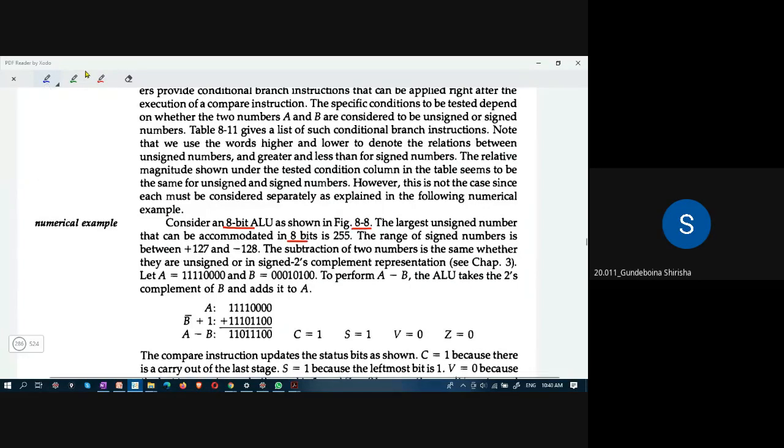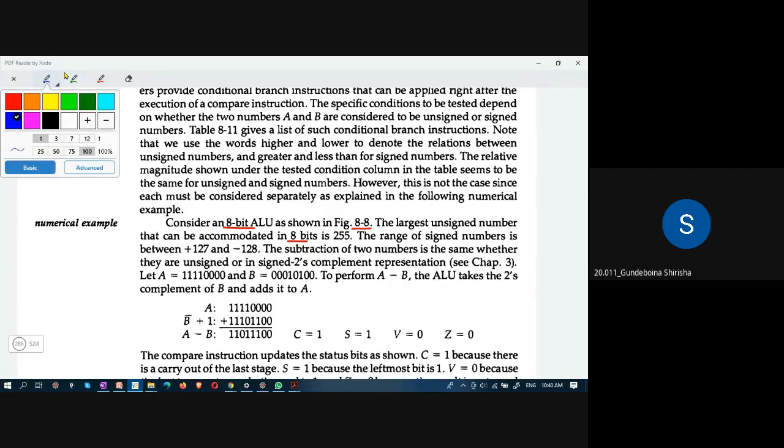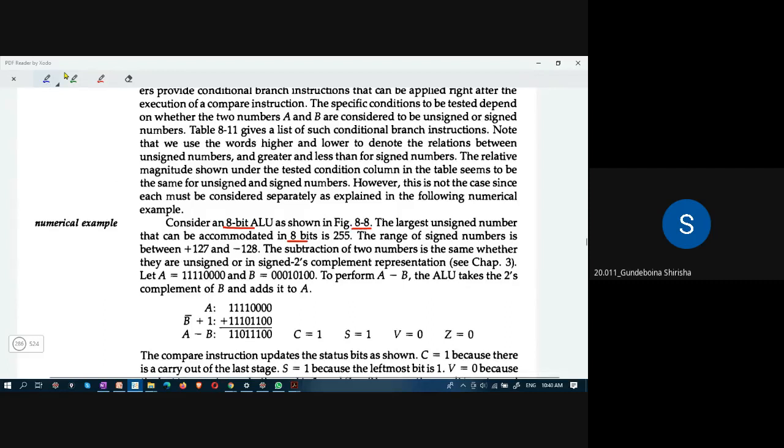Sorry, ma'am, it's range, I think. Range. There is an 8 bits register. Alright, how many slots would an 8 bits register have? 8 slots, ma'am.